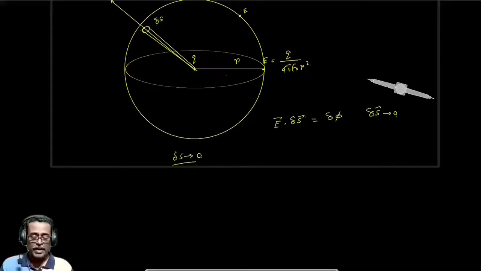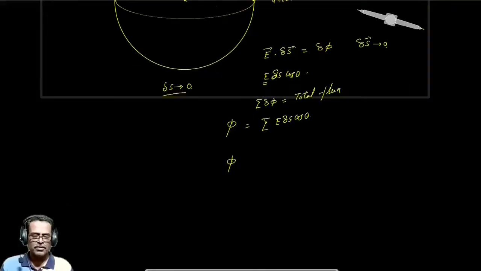Since the magnitude of the electric field is constant at every point of the sphere, we can say that E del S cos theta, in this part E is constant. If we sum all this flux, del phi, it is equal to the total flux emitted by the charge Q. Therefore, phi is equal to sigma E del S cos theta, and phi is equal to E into sigma del S cos theta.